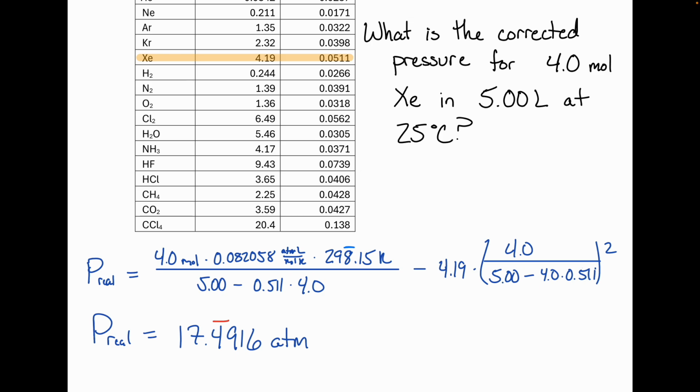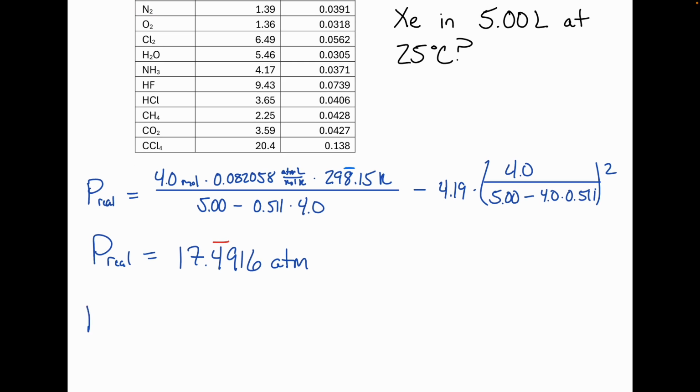If we had done the ideal gas law without any sort of pressure or volume correction, we would have gotten 19.57 atm. All right, so now we have a concentrated enough gas sample for which our real gas law deviates quite a bit from our ideal gas law.